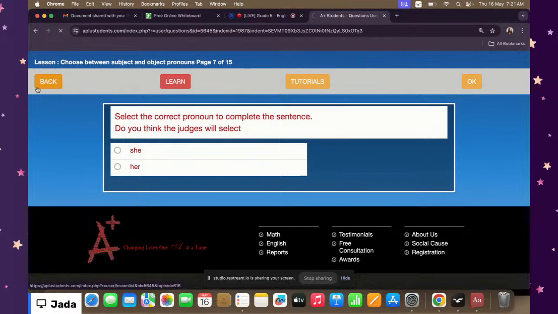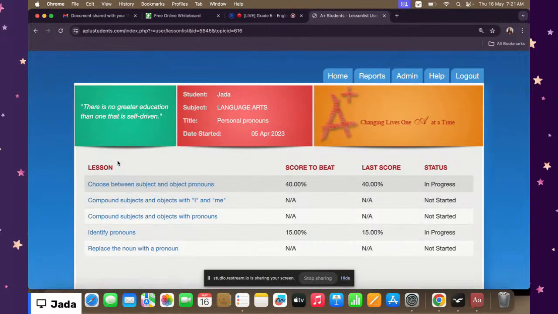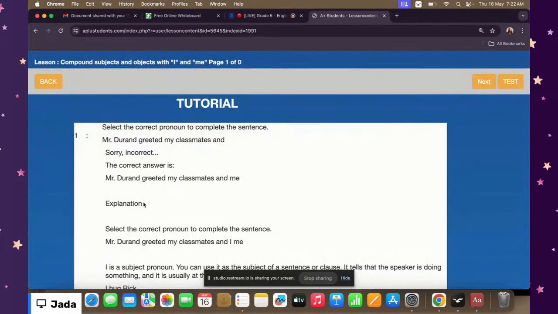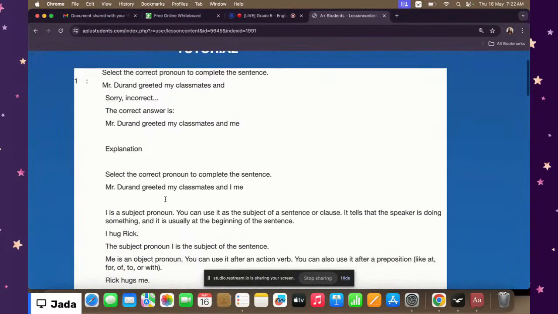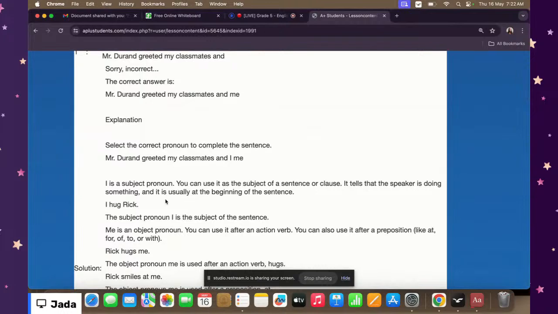Let's go now to the next lesson. Okay, since the first one for subject and object pronoun is understood, compound subject and object with I and me. So you have the compound subjects, I and me. Like I've said before, I is a subject pronoun.